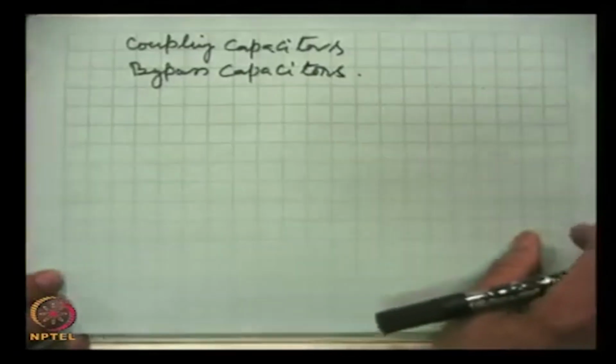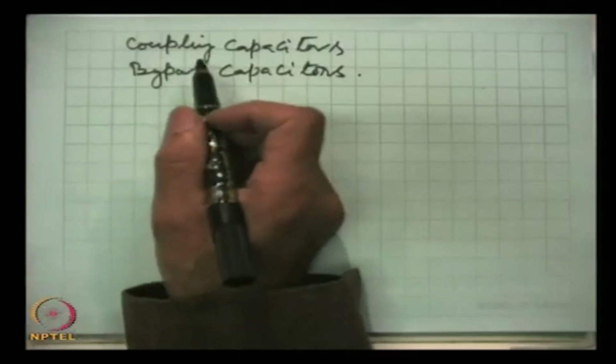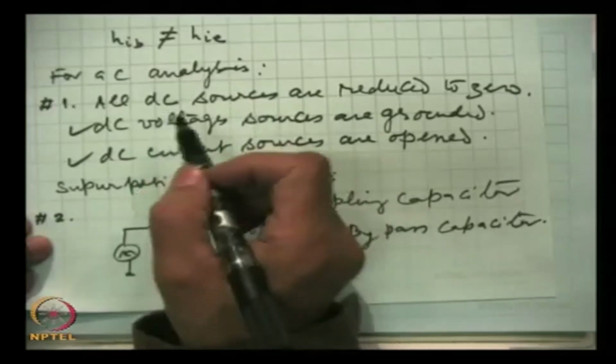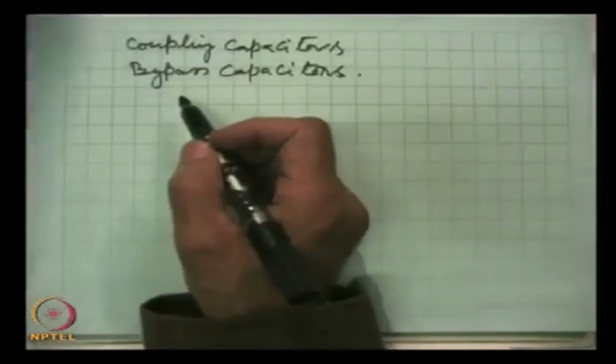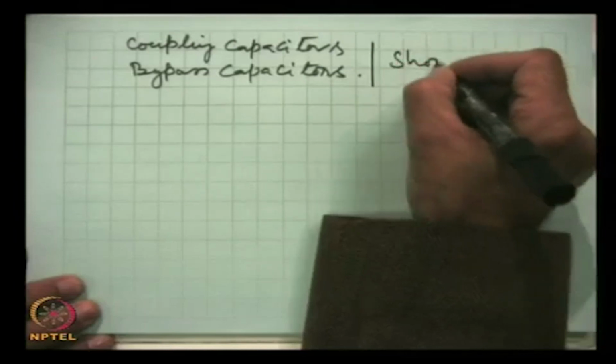So, AC analysis needs, and this is the requirement, as the first requirement was that the DC sources have to be reduced to 0. Similarly, these capacitors are all taken as shorted for AC analysis.